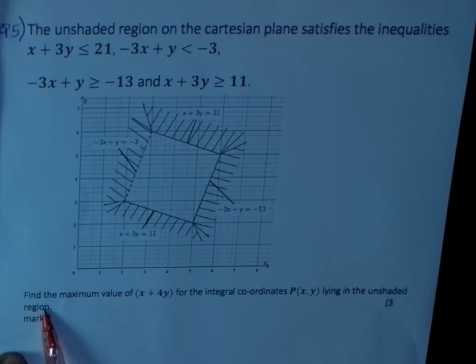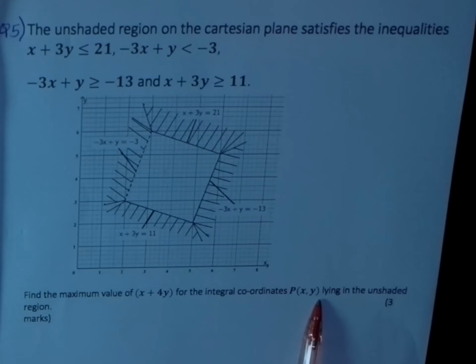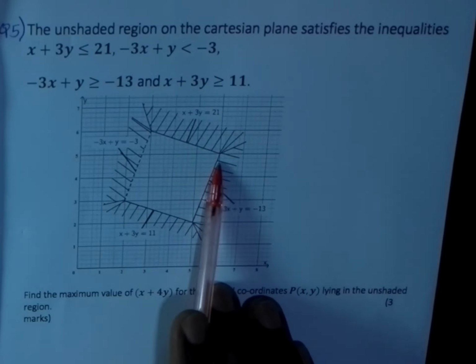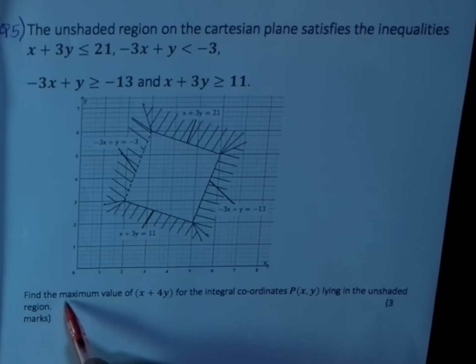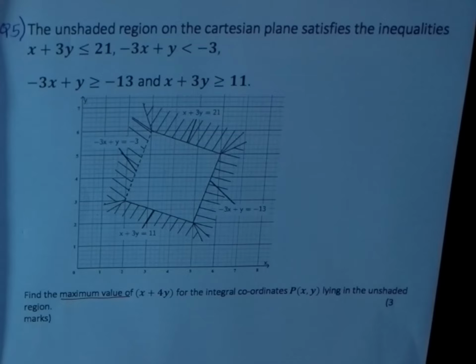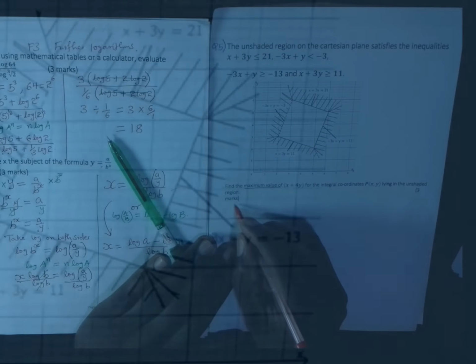The question is: find the maximum value of x + 4y for the integral coordinates P(x, y) lying in the unshaded region. So we need to find the integral coordinates P, lying in the unshaded region, which will give a maximum value of x + 4y.